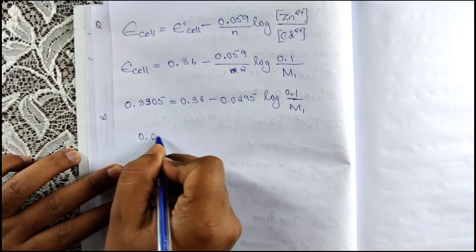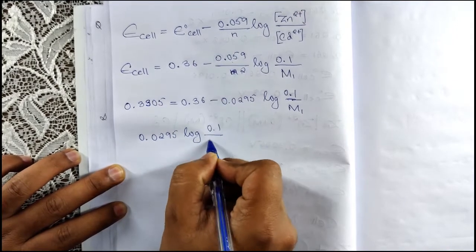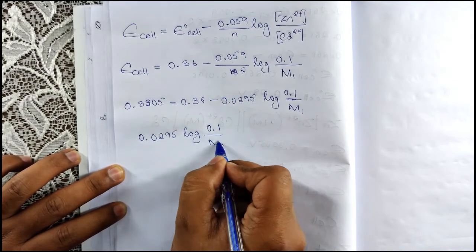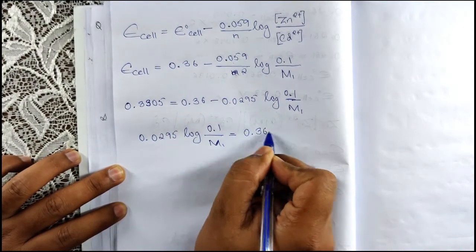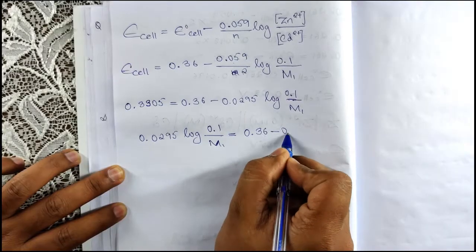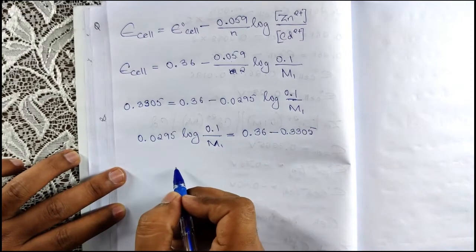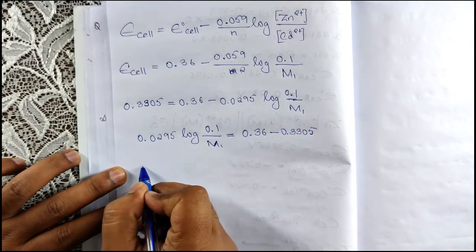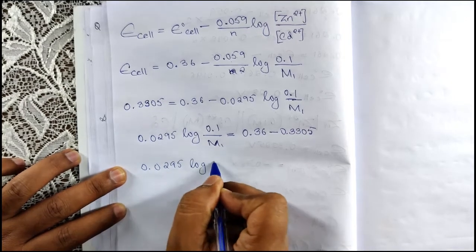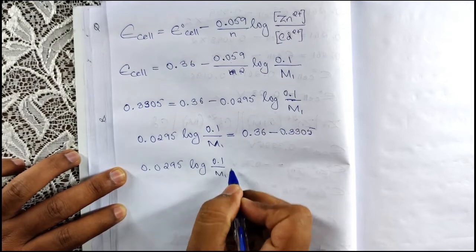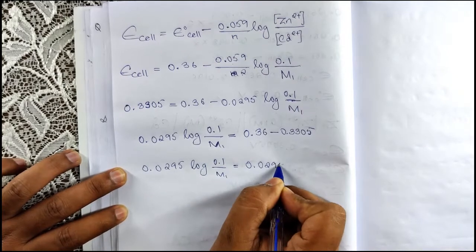So I have 0.0295 log 0.1 by M1 is equal to 0.36 minus 0.3305. 0.0295 log 0.1 by M1 is equal to 0.0295.